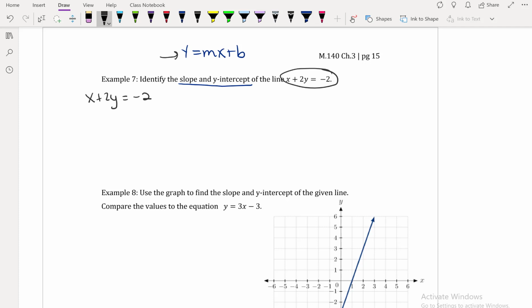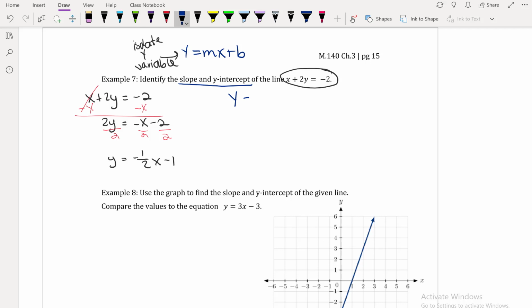To get it into y equals mx plus b, I have to isolate the y variable. So I'm going to subtract x from both sides. Then I would have 2y is equal to negative x minus 2. Now I can divide by 2, and I get that y is equal to negative 1/2 x minus 1.